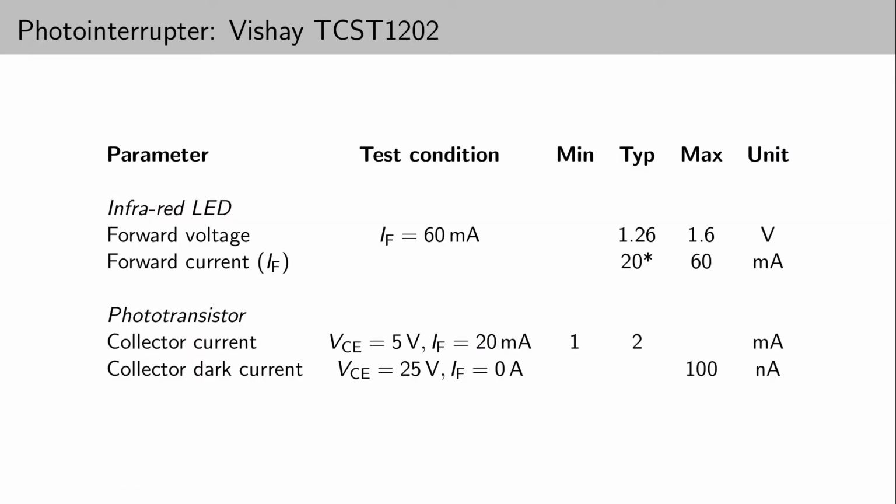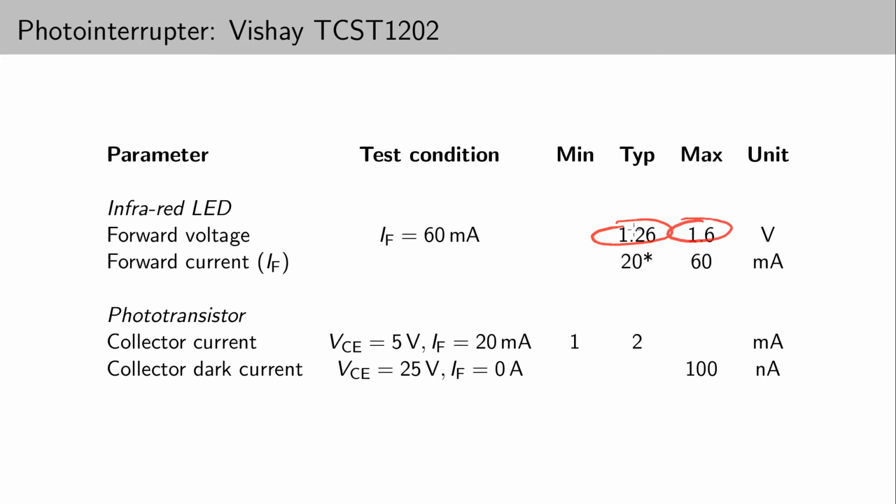So the electrical properties of these photointerrupters that are relevant, there are two sides to them. You've got the emitter, which is an infrared LED. So you care about the forward voltage of the LED and the forward current that you should use. As in most data sheets, they give typical values, but you should really design against the maximum or minimum values.